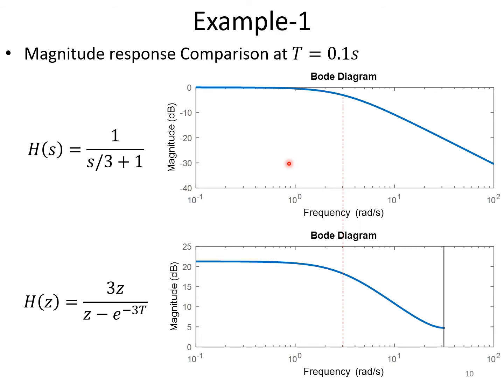The only difference in the magnitude responses is the gain. Gain doesn't matter, we can add gain to the system, but the basic characteristic, the cutoff frequency, is the same. And here we have actually considered T equal to 0.1 second.